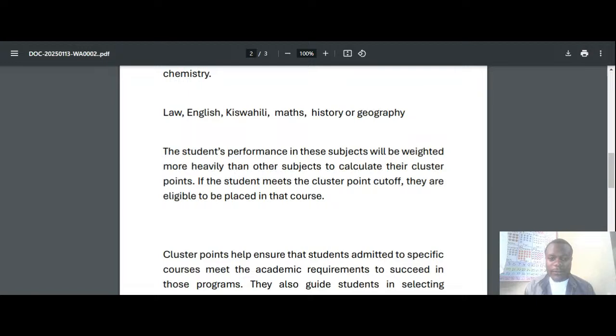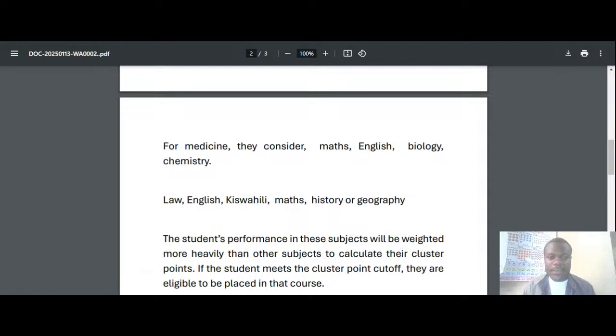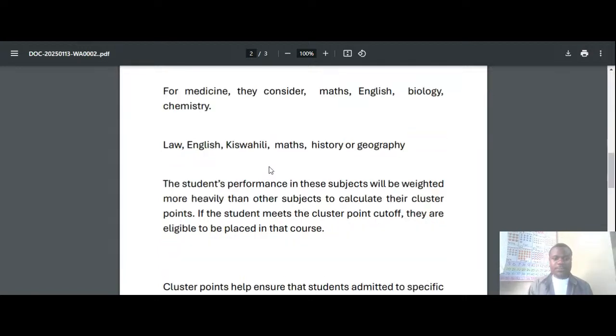So the student's performance in these subjects will be weighed more heavily than other subjects to calculate their cluster points. If you choose medicine, the 4 subjects that will be weighted more than others will be math, English, biology, and chemistry.